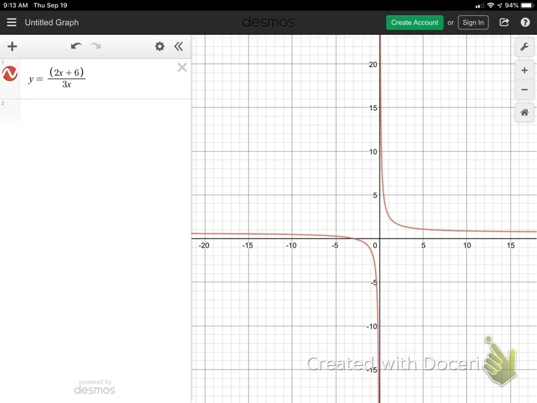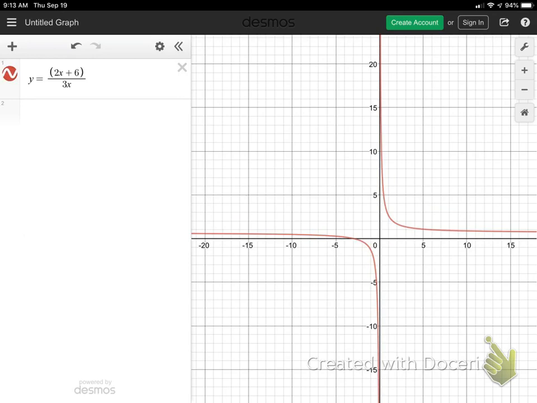Because if I plug 0 into that, what happens in my denominator? What do I have in the denominator if I have 3 times 0? 0. We're not allowed to have 0 in the denominator. So this is a one-to-one function because that line is approaching that asymptote. The closer that we move to infinity, it's approaching.